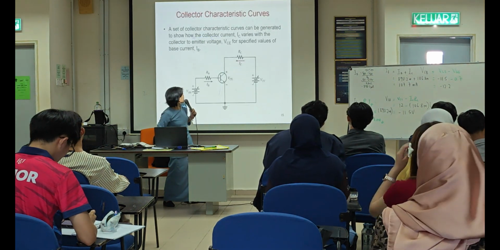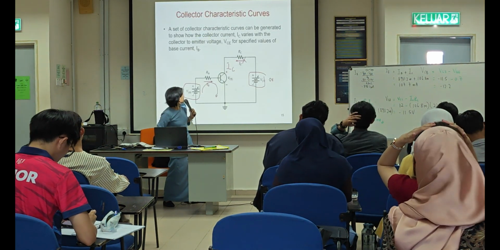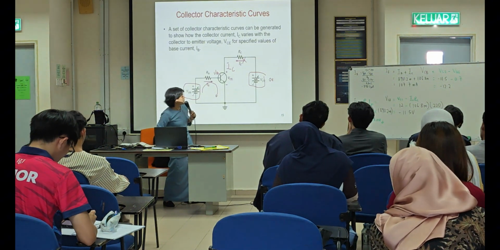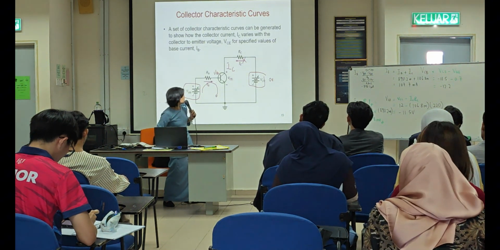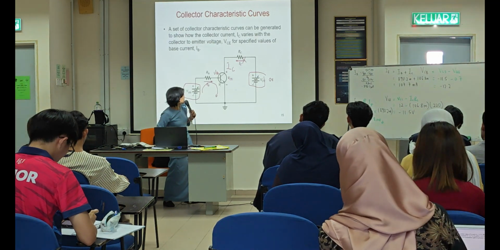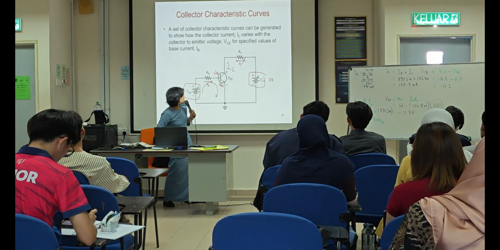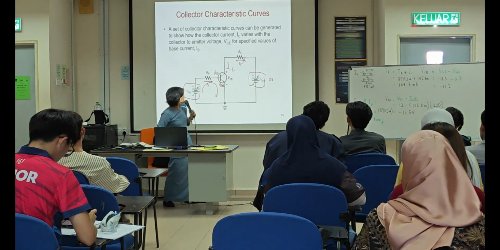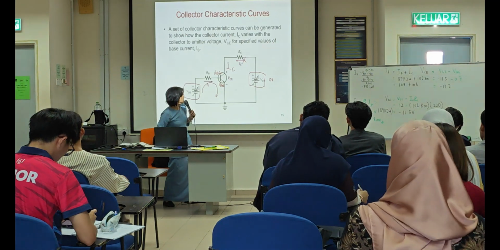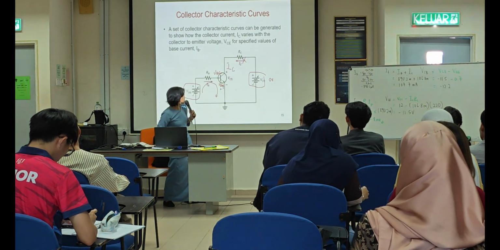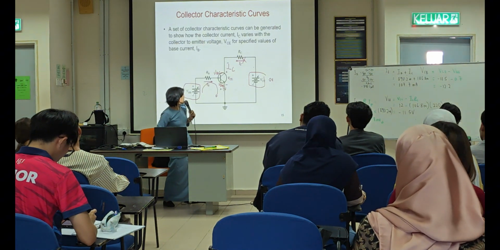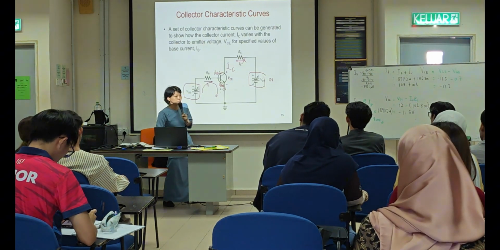So at the beginning your VBE, okay, this one is C. VBE here is 0.7. This is what it means: here there is current passing through, here nothing passes through, here always remains 0.